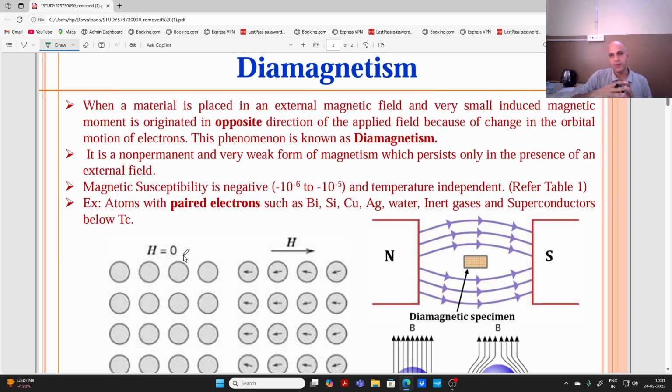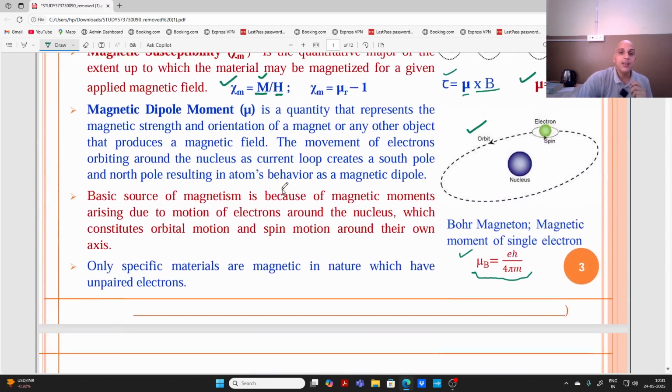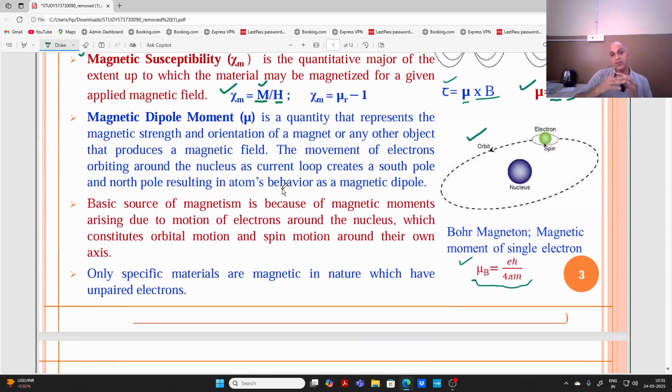And about this diamagnetism, I want to tell you one thing that I forgot here. In case of an atom, if all the electrons are paired, we know very well that when the electrons are paired, their spin magnetic dipole moment and orbital magnetic dipole moment will cancel each other.